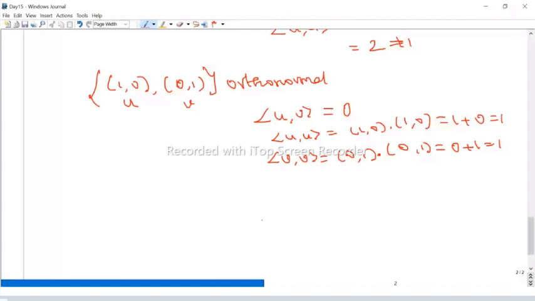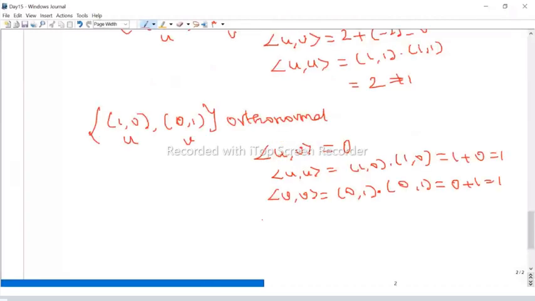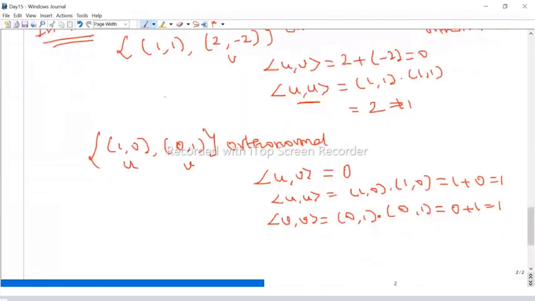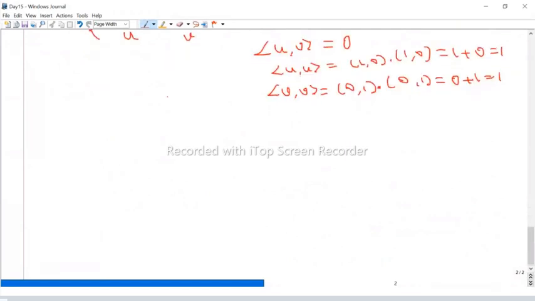Look at the first example: it satisfies the orthogonal condition, but it is not orthonormal. Therefore, we have to normalize this vector so that it becomes an orthonormal vector. How to normalize? We define the norm of a vector u: by definition, norm u is the square root of the inner product of u comma u.